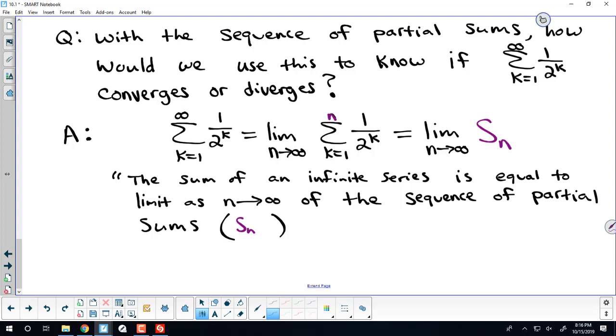Which is this. But again, the explicit formula for S sub n is not always something you can find.